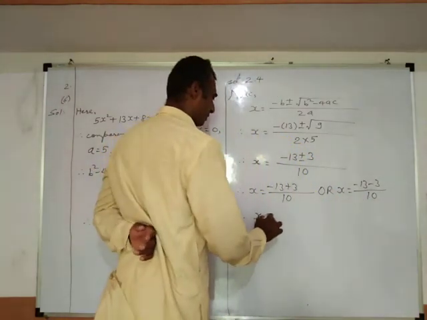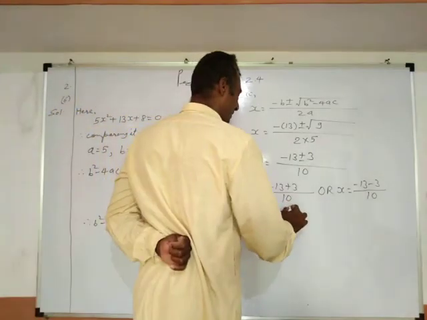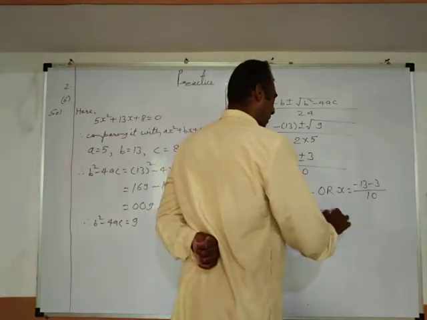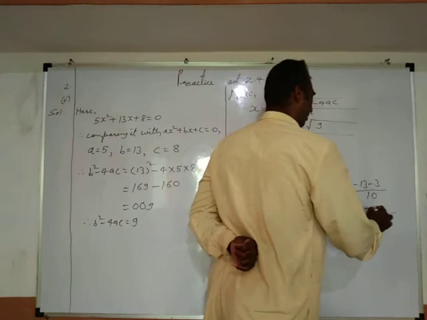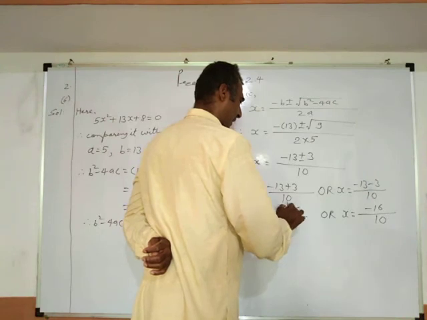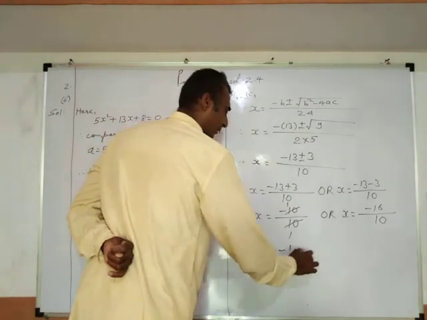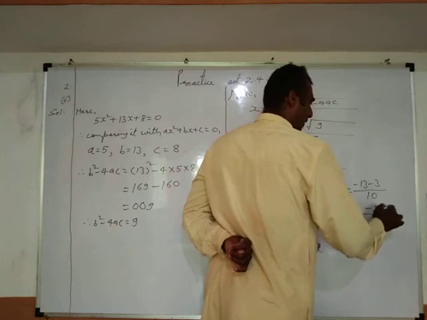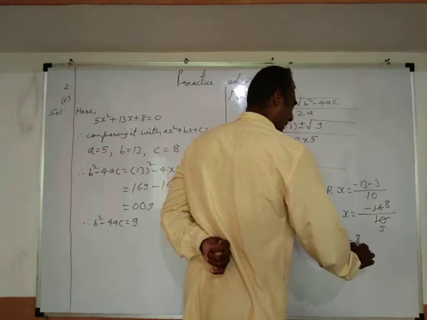Therefore x equals minus 13 plus 3, which is minus 10 upon 10, or x equals minus 13 minus 3, minus 16 upon 10. 10 ones are 10, and therefore x equals minus 1, or here 2 8s are 16, x equals minus 8 upon 5.